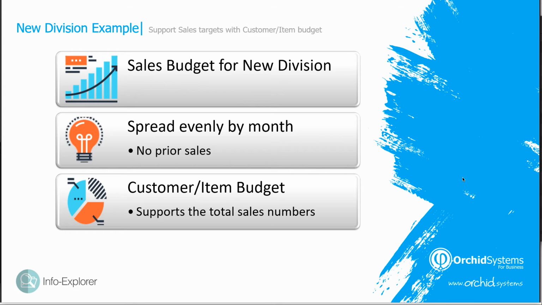At the end of this process, we have uploaded our budget in General Ledger Budget Set 1. This is the budget that's approved for the year and that will not change over the course of 2021. So we can run some reports out of GL Financial Report or using Info-Explorer cubes to compare our actuals and our budgets. As the year progresses, we might find that we need to update our forecast.